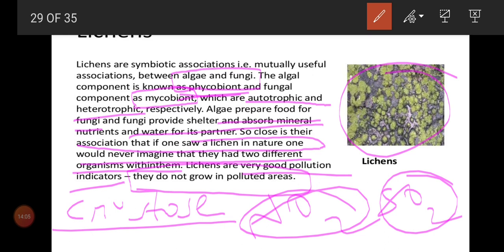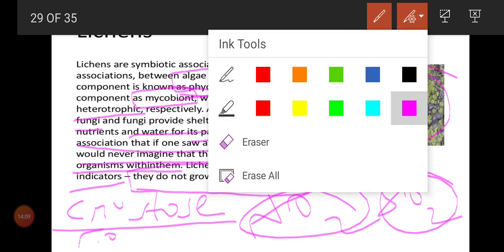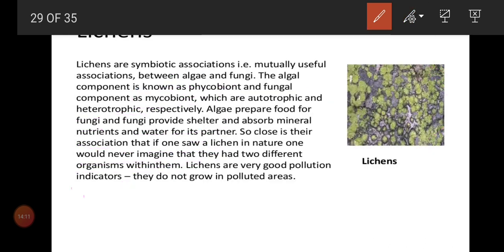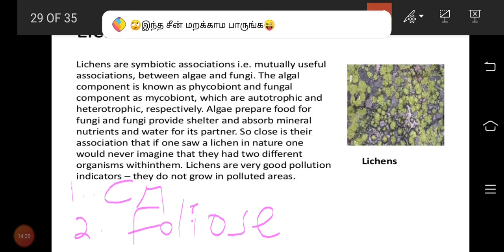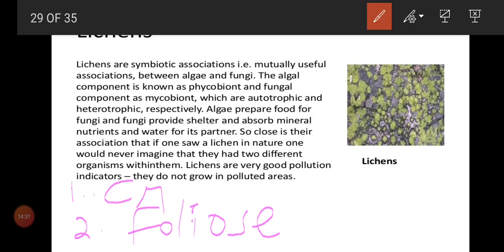And the second category is foliose, F-O-L-I-O-S-E. First is crustose, second is foliose. What do you mean by foliose? Actually, these foliose lichens are very flat.